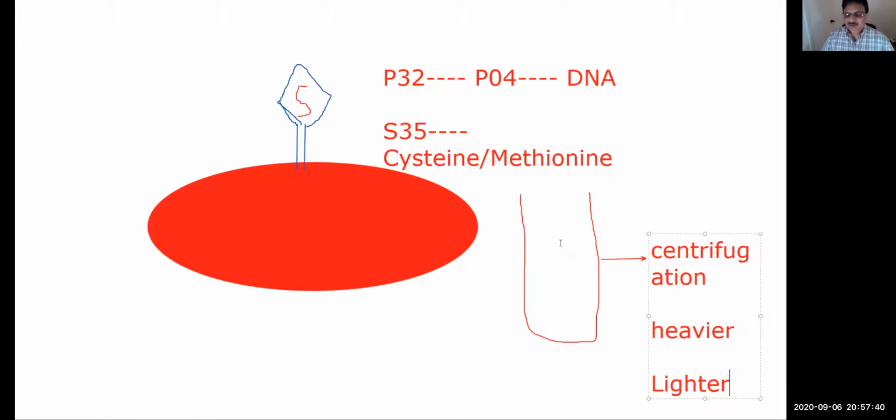So let's say if this is a centrifuge, then this is a tube which has bacteria and bacteriophages, and these bacteriophages have been dually labeled with P32 in the DNA and S35 in the proteins.